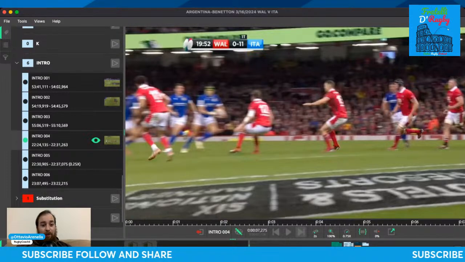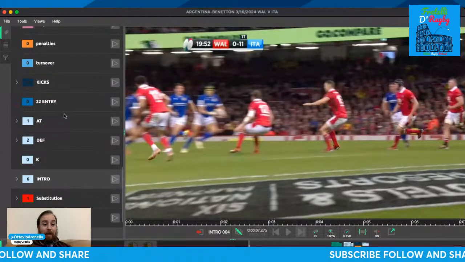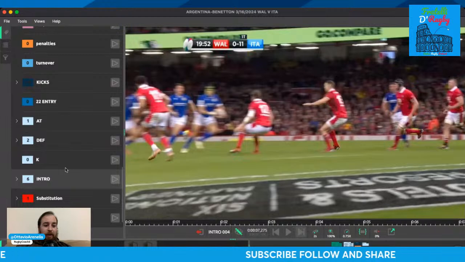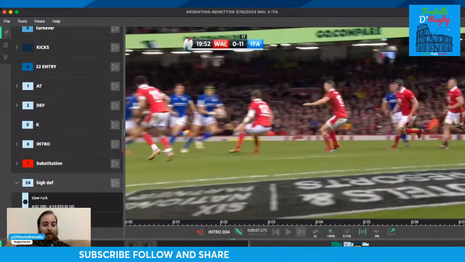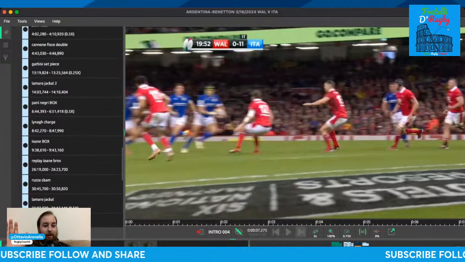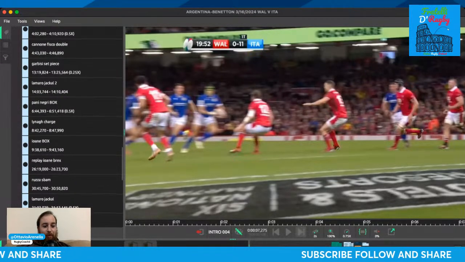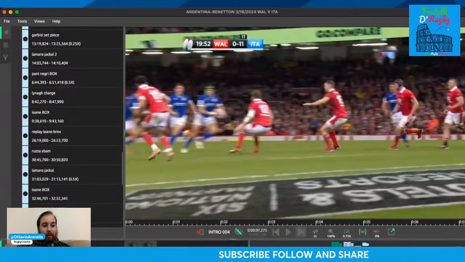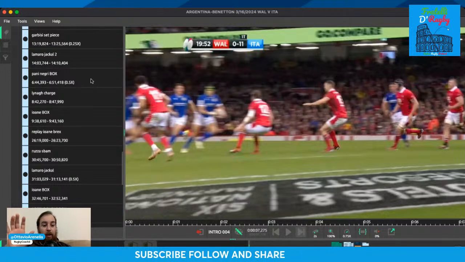But let's go see a couple of highlights by Leinag, because guys, I put a lot of high quality defense here. So let's see a couple of the ones I was talking about, the box kick.